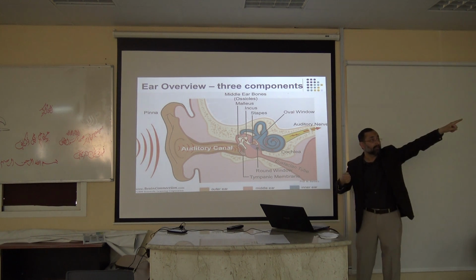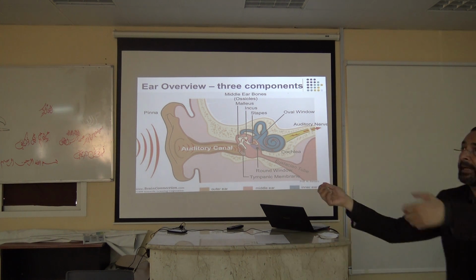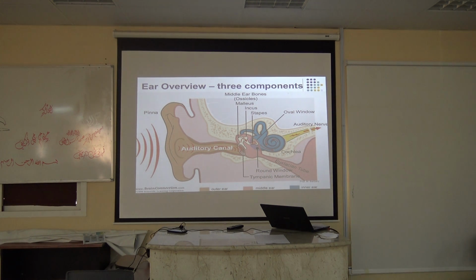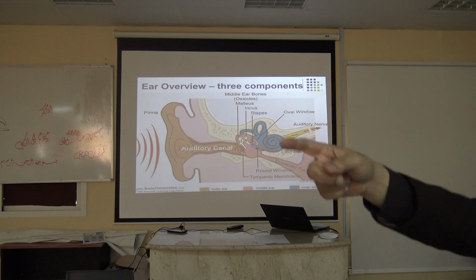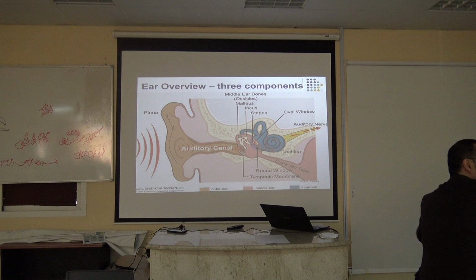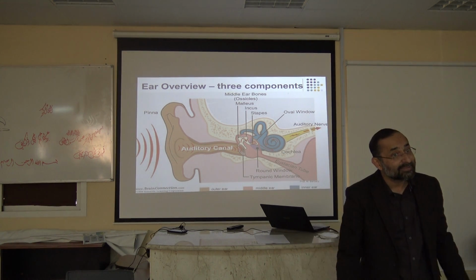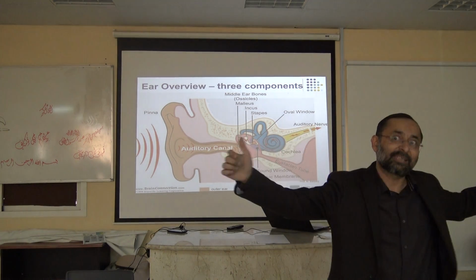Which bone? Through that muscle which is coming, you are holding the malleus. So you are supporting malleus from there, you are supporting stapes from there, and these two are supporting the middle bone, and that middle bone is incus. Okay, so two supports like this.